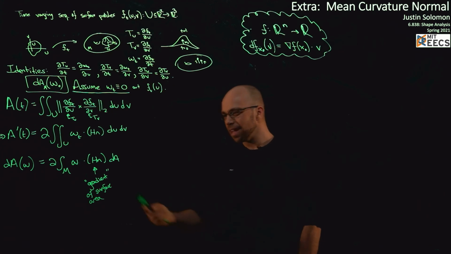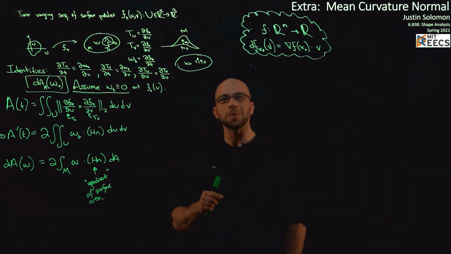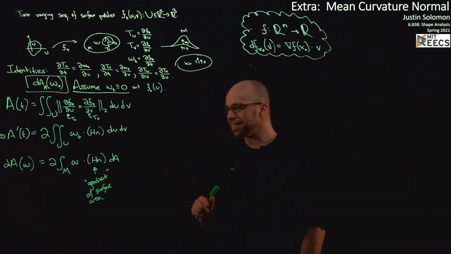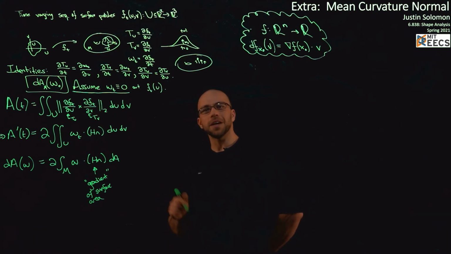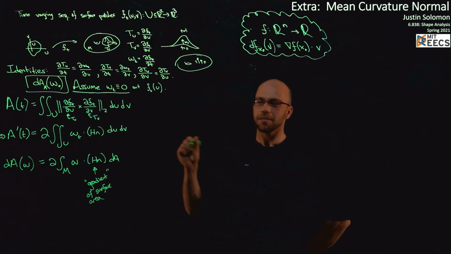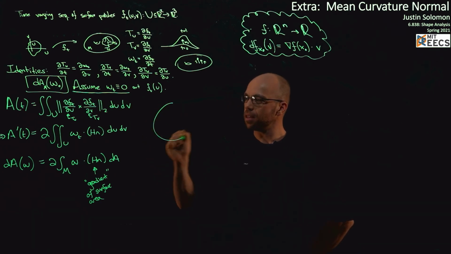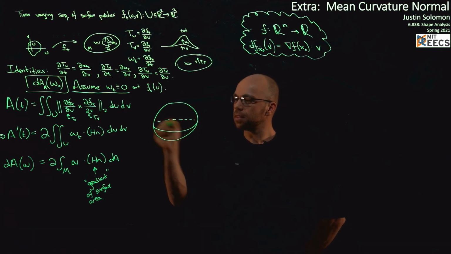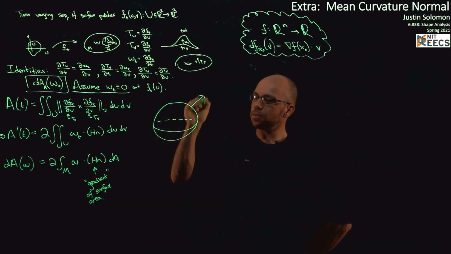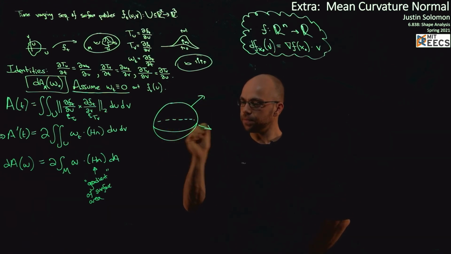Now remember that this mean curvature weighted normal is a vector field on a surface, but indeed you can think of it as the direction to flow to increase surface area. So as a very simple example, think about the sphere, maybe even of radius r if you want. So there are the normal directions, right? They point outward.